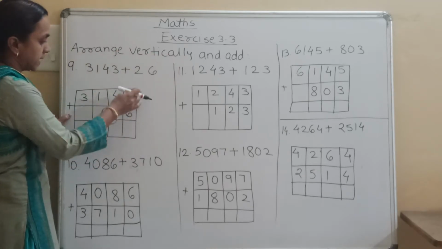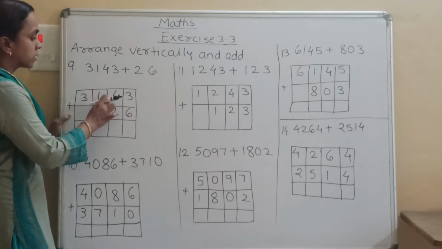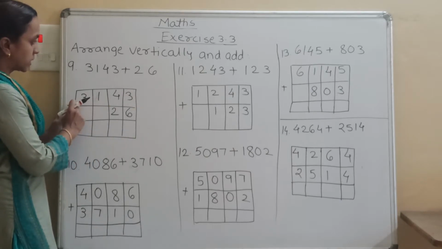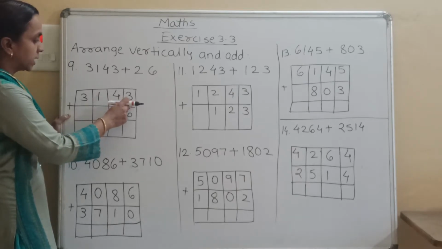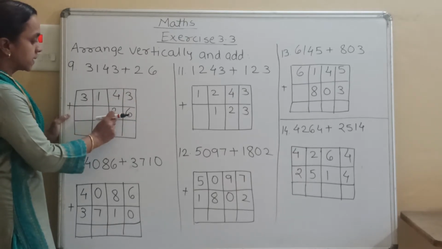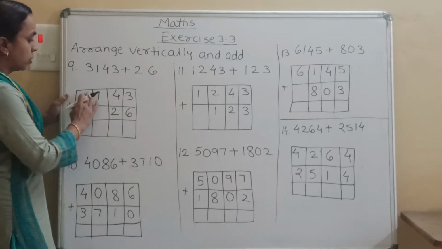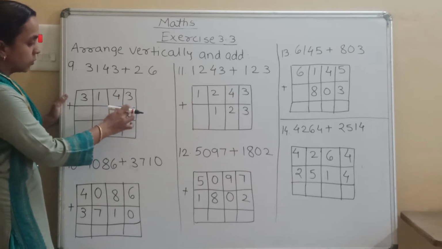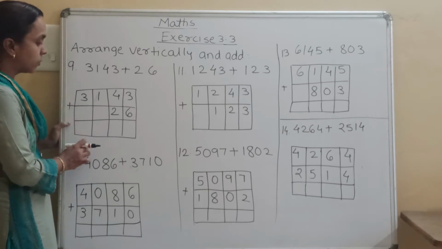Vertically means like this. Like this means in each box you will write one digit. Suppose this is first, you will write here 3, then 1, then 4, then 3, and below this 2 and 6. Okay, so each and every box you will write only one digit, and then we have to add.